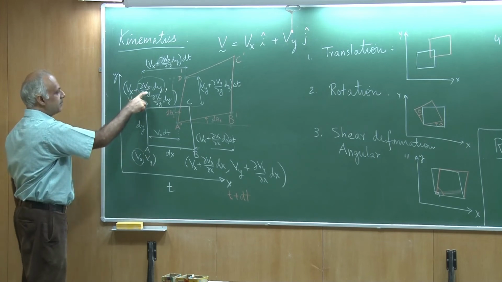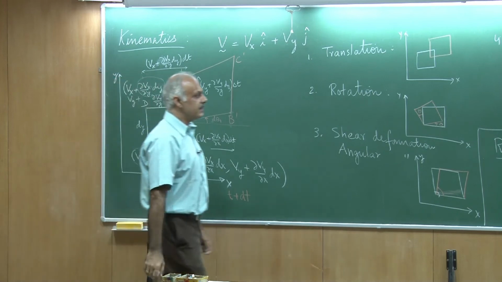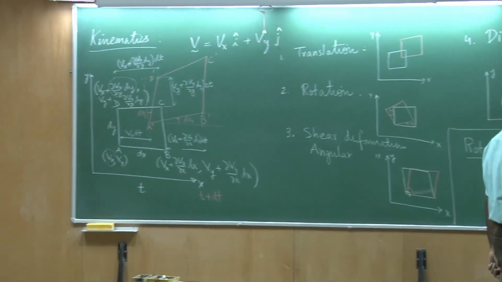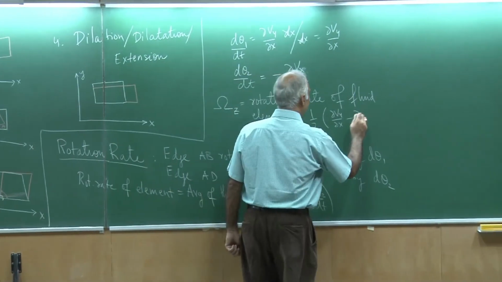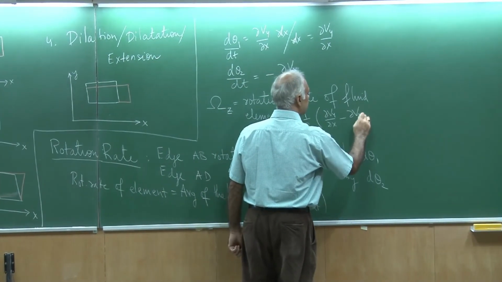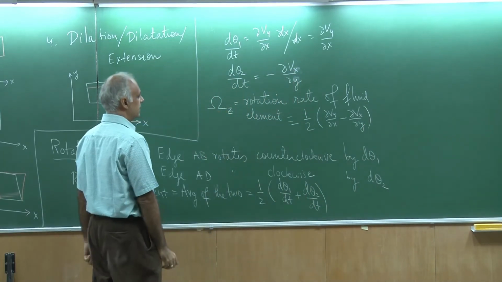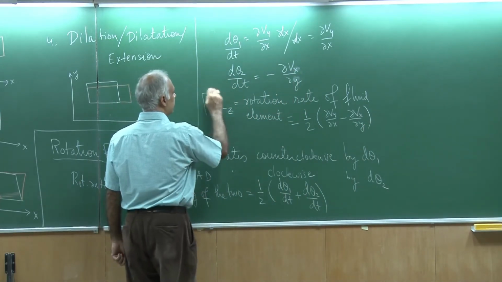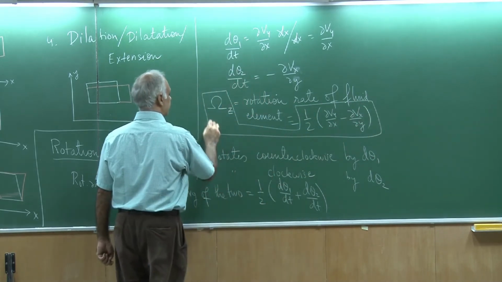So, the change is simply del V x by del y times an amount delta y, and I would have to divide it again by delta y. So, that is why you get this. Okay, so, coming back to the expression, this is what I would see. So, my omega z is this expression over here.